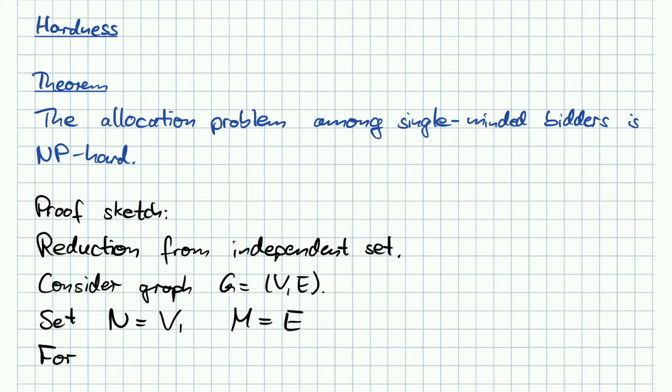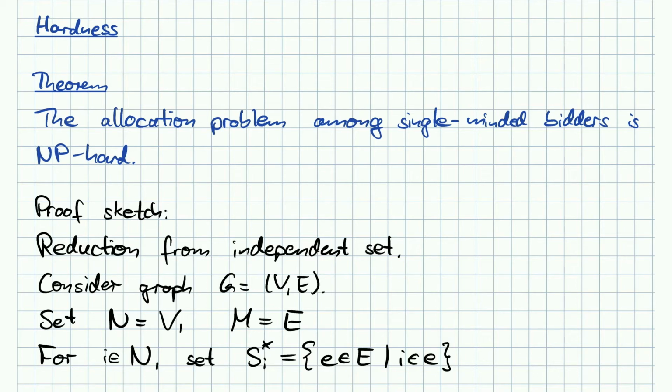And for a bidder i, set the set Si star to be the set of all edges that have i as one of the endpoints.